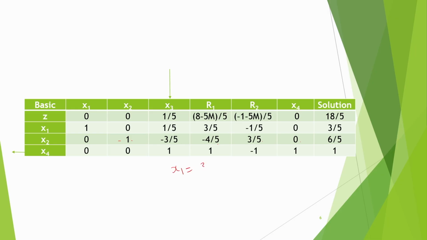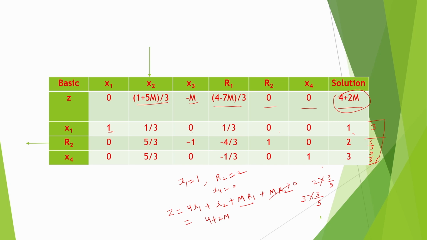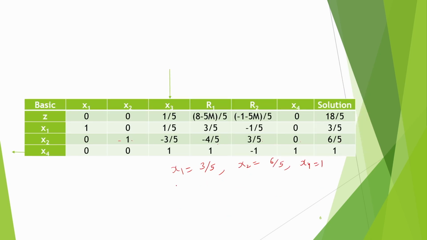So at this stage you are getting x1 equal to 3 by 5, x2 you are getting 6 by 5, x4 you are getting 1, and other things are 0. Your objective function Z was 4x1 plus x2 plus MR1 plus MR2.